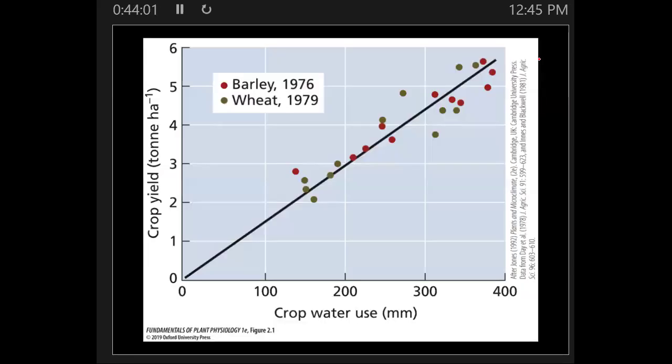So here you can see, again, why we care about water potential when you're trying to grow plants for a living. Here they're showing a pretty linear data set where you increase the water, and you get an increase in the yield of the plant in terms of the overall biomass at the end of the growing season.